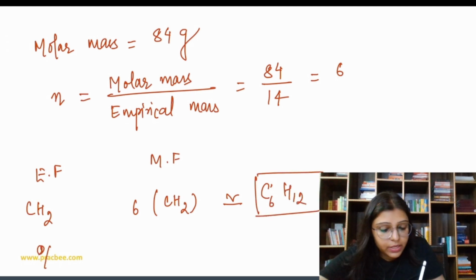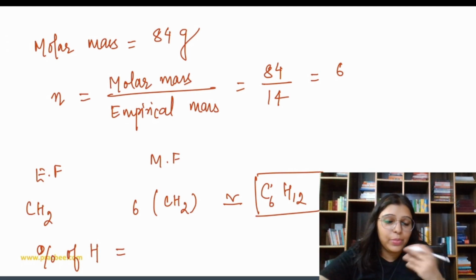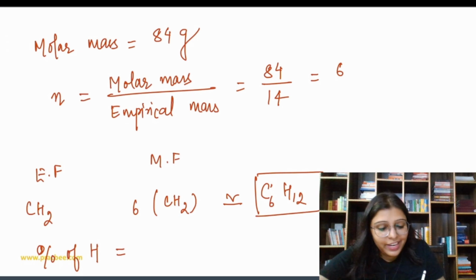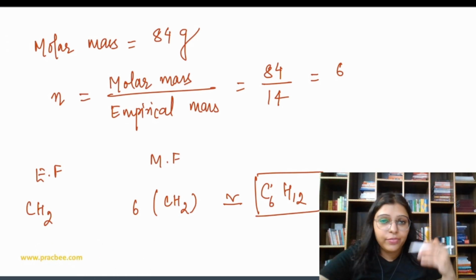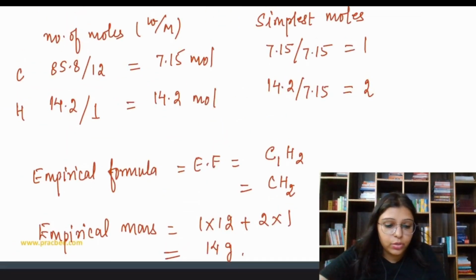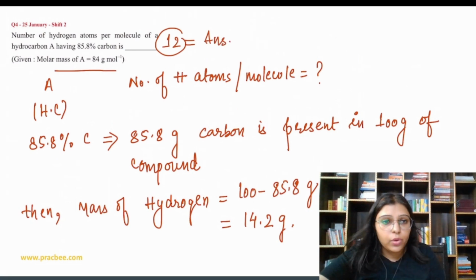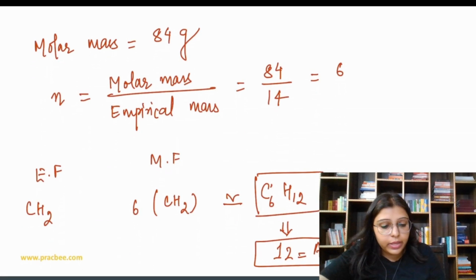Now we have to calculate the number of hydrogen atoms per molecule. That is equal to 12 atoms of hydrogen present in one molecule. So the answer is going to be 12. Clear? Okay. Let's do the next question.